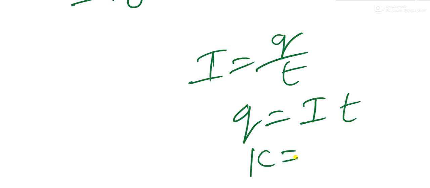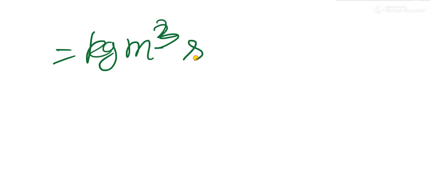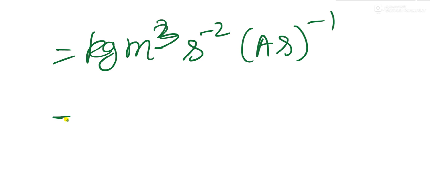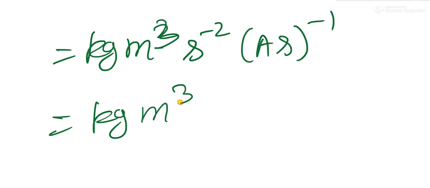So 1 coulomb is equal to ampere into second, because we don't have a dimensional formula for coulombs. So kg meter cube second minus 2, coulombs we can write as ampere into second, and it's going to be the inverse. So kg meter cube second minus 2 ampere inverse second inverse.